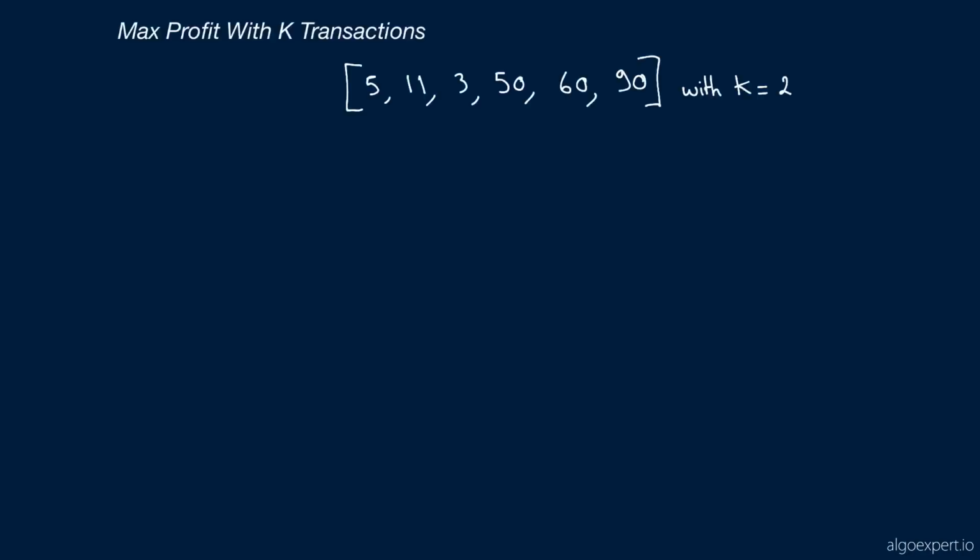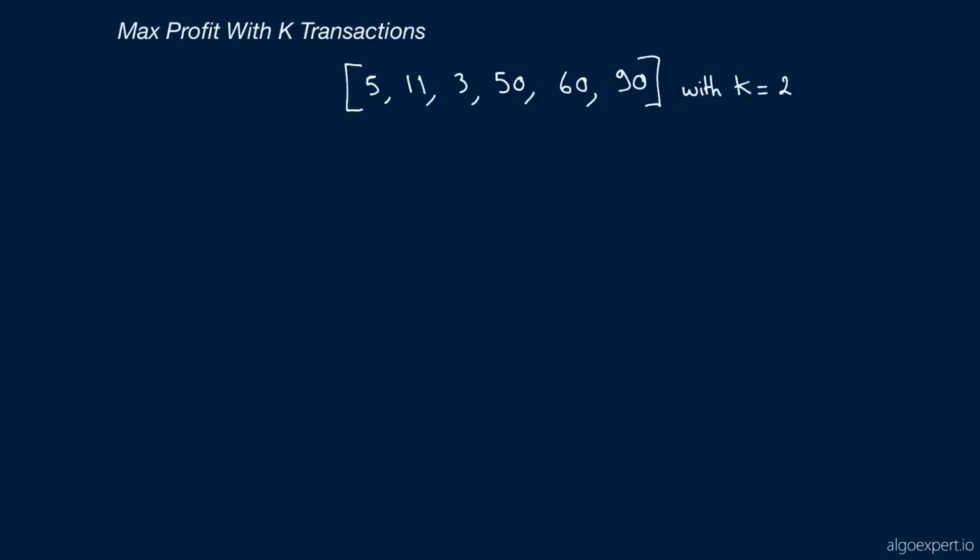So meaning that we can only buy one share at $5, for example. We can't buy 2 shares. Similarly, we can't buy a share at $5 and then buy another share at $11 without selling the first share. And one transaction consists of buying the share and then selling it.